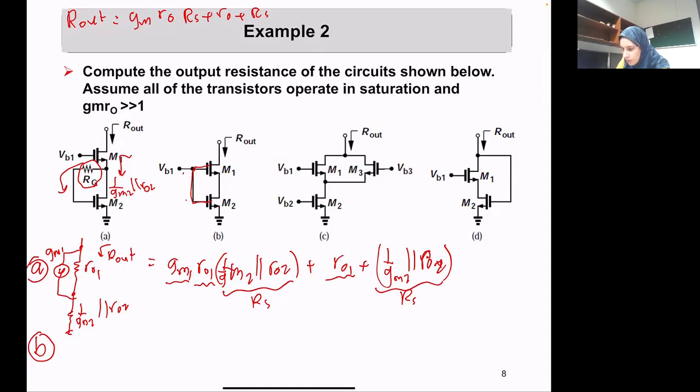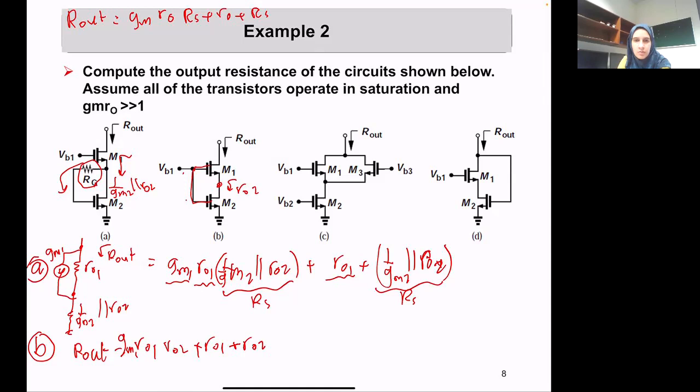So they are not going to be any different for us. So what we are seeing, our RS here, is R out 2. So R out 1 plus R out 1 plus R out 2. So RS here is replaced with R out 2.